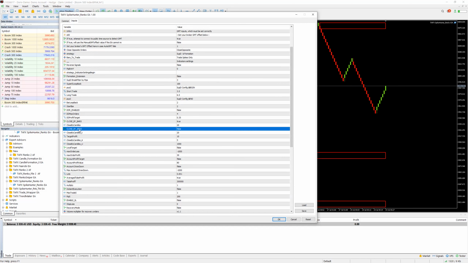So the next one is close by 0. I do believe you have watched some videos about our spike detectors, because we also have spike detectors. Here I'm talking about this Hunter Renko Spike Hunter. I do believe you learned about this one. It's called close by 0.